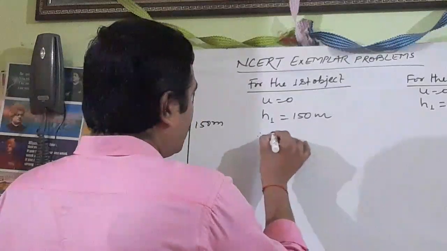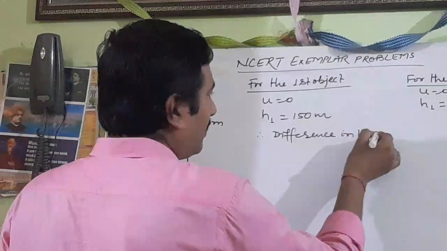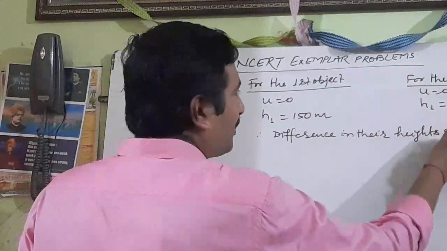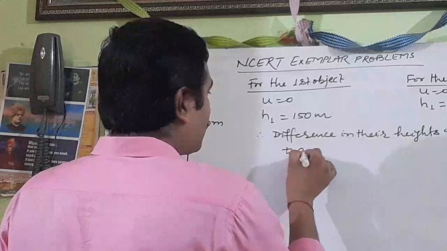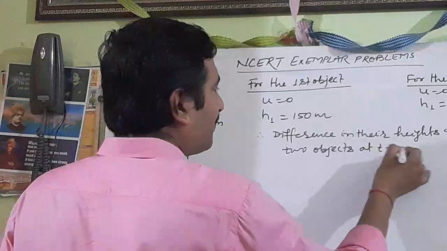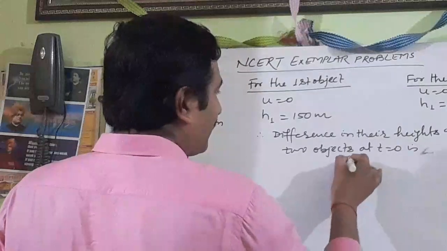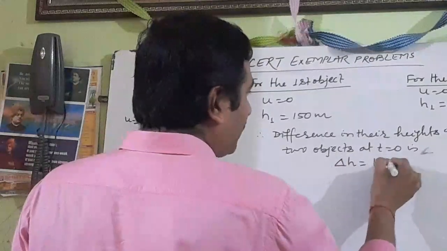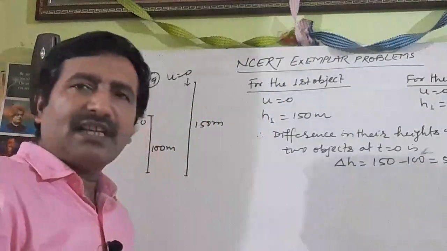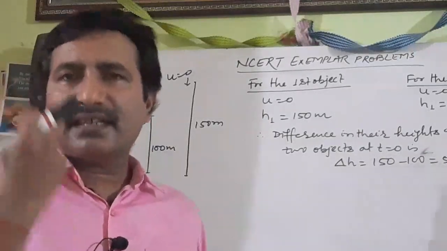Therefore, the difference in the heights of the two objects initially, means at t is equal to 0, is delta h. Delta h means difference. This is 150 meter minus 100 meter, means 50 meter is the distance between the two objects at t is equal to 0 initially, means when they start coming down.